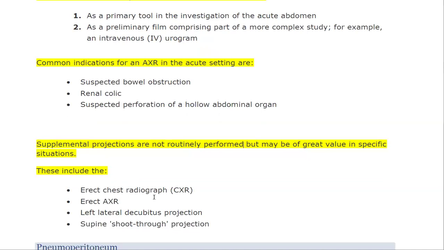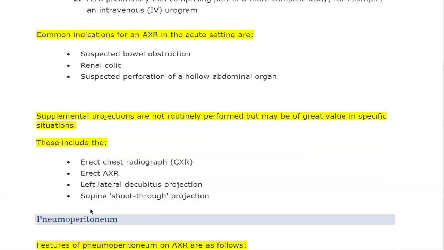You may need an erect X-ray to see any multiple air fluid levels. You may need lateral decubitus, especially left lateral decubitus, especially in babies, to examine any free air or subtle free air like this one, the shine-through projection.